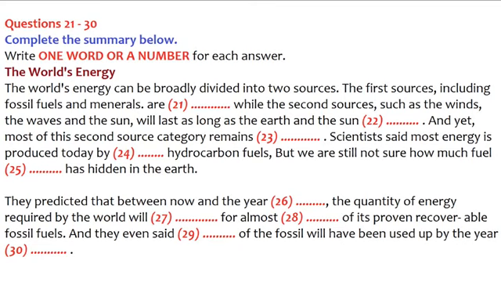The second category, which includes the wind, the waves, the tides, the temperature of the oceans, and the sun, comprises sources that will continue to provide energy in virtually unlimited quantities as long as the earth and the sun exist. And yet, despite the fact that they are to all intents and purposes inexhaustible, the sources of this second category remain almost untapped.